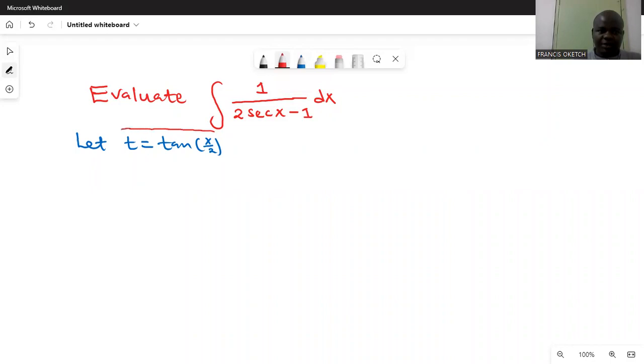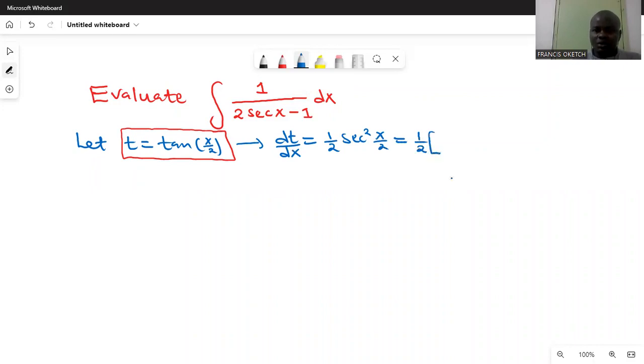We need to find the corresponding differential. So we are differentiating t with respect to x. So we write dt dx is the same as 1 over 2 sec squared of x over 2, which can also be written as 1 over 2 into 1 plus tan squared of x over 2.